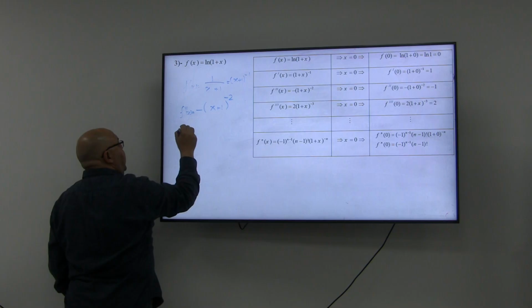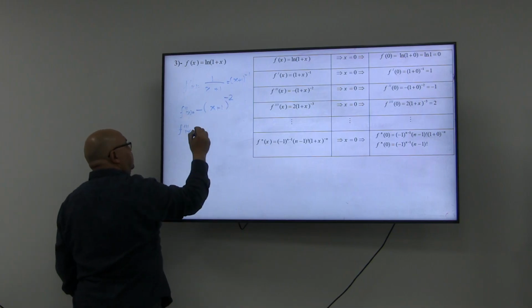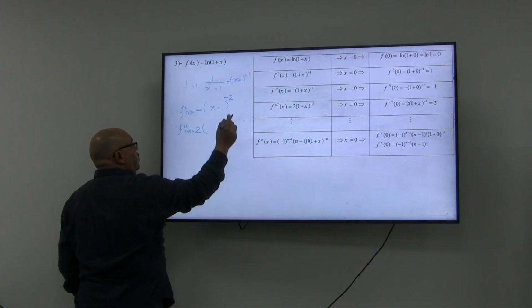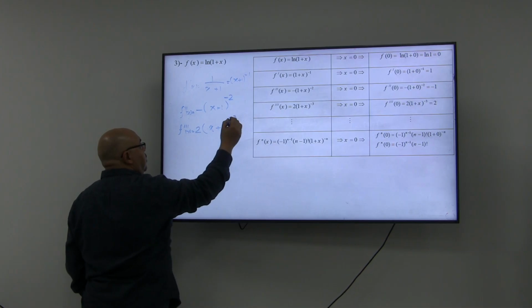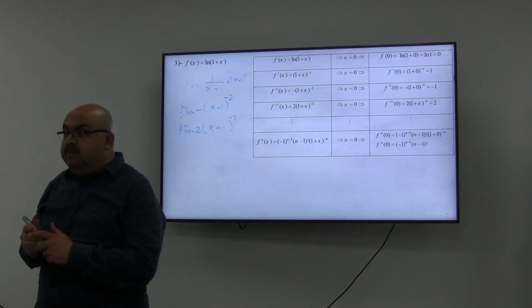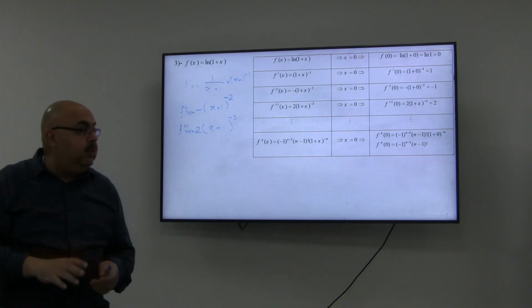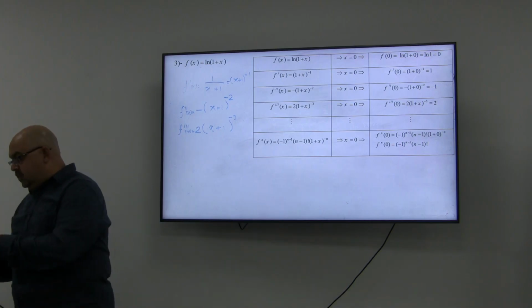If I need an extra derivative, it's going to be -2 times -1, which is 2, then I will subtract 1 from the power, so it's going to be x plus 1 to the power of -3, and so on. So this is really very important, how to deal with these functions.